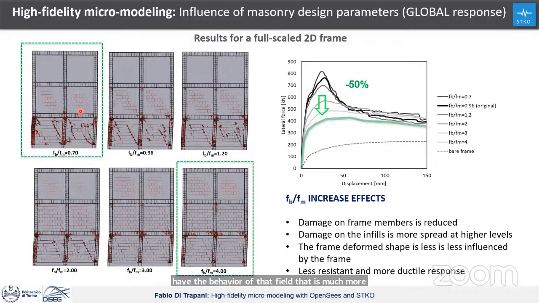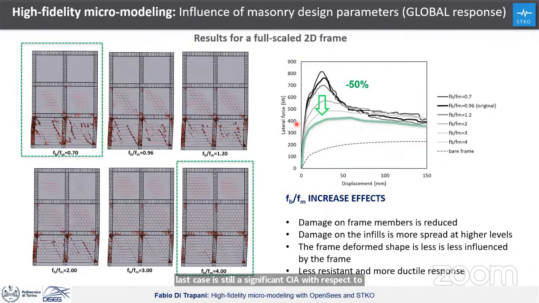bare frame. It's closer to the bare frame, but you can see the green line, that is basically associated to this last case, is still significantly higher with respect to the bare frame. This is the bare frame.